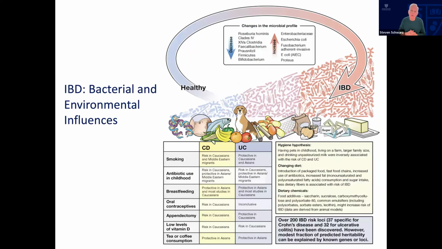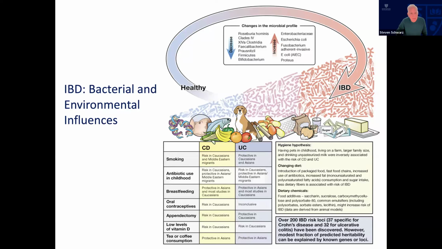What is key here is that we know that patients who develop IBD have a different microbial profile than people who don't develop IBD. And at the top, you can just see the difference, both the decrease and increase in various species of bacterial flora that are consistent in patients with IBD.